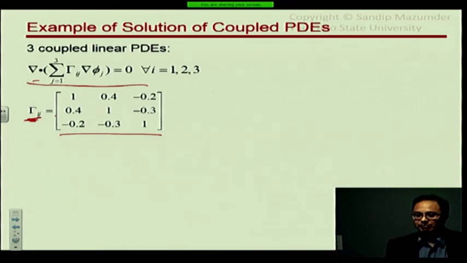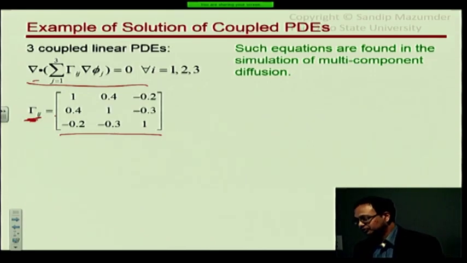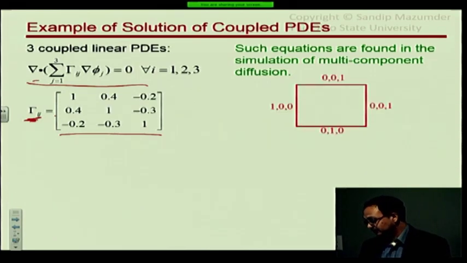These types of equations are found in the simulation of multi-component diffusion, the Stefan-Maxwell equations. Here are the boundary conditions for the 3 phis. There are 3 phis here, phi 1, phi 2, phi 3, and these are the boundary conditions, 1, 0, 0. So phi 1 is 1, phi 2 is 0, phi 3 is 0 at the left boundary, and so on. Those are the combinations I've taken.